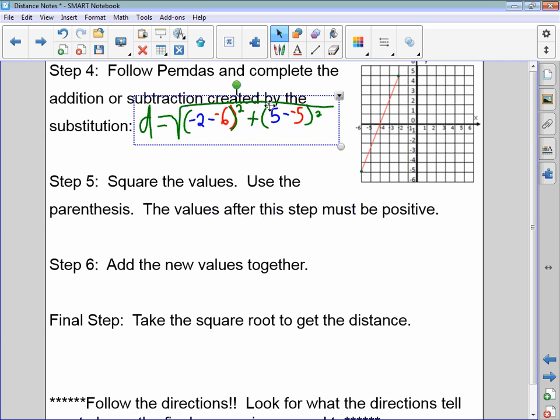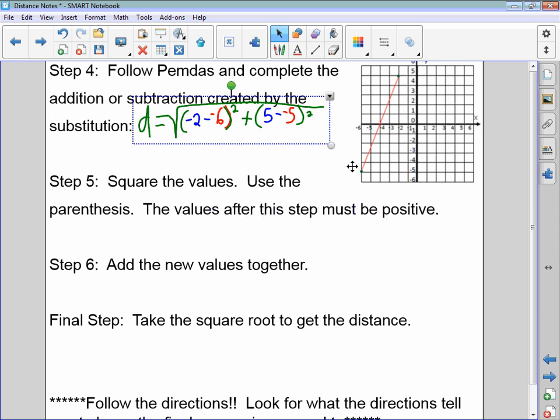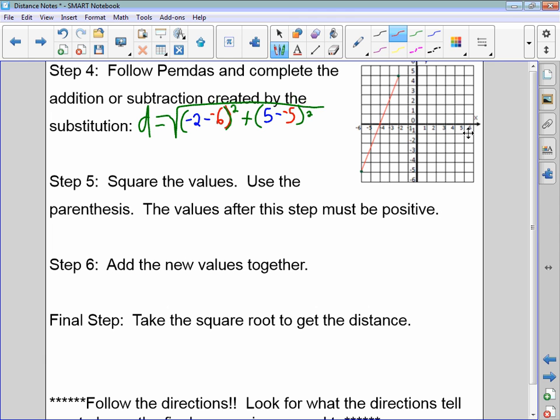All right. And now that we are here, we are going to actually work through these problems. And we're going to do the subtraction or addition first. So because they're inside of the parentheses, we are going to work through that.